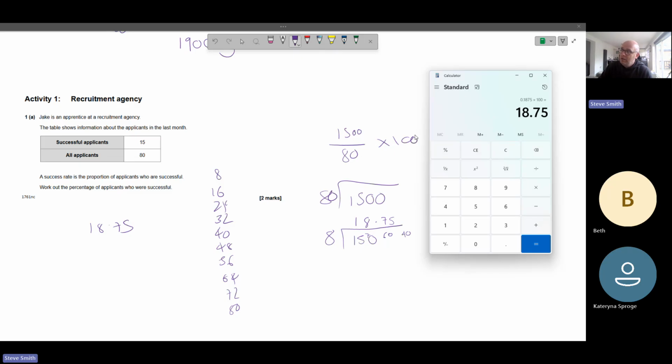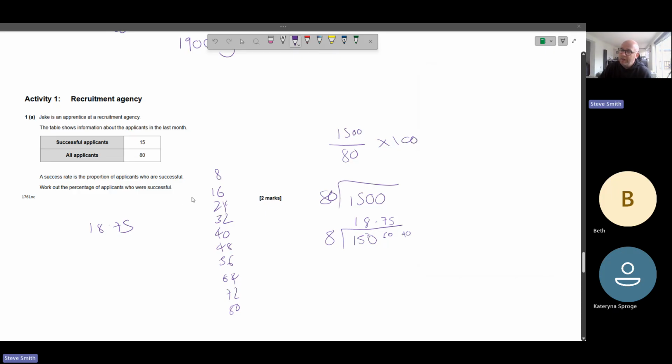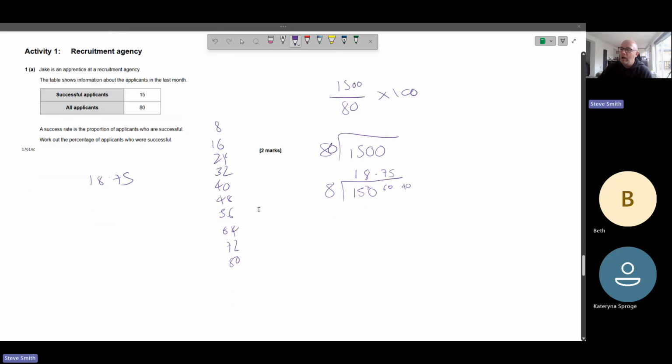Because we didn't have a calculator, instead of doing times 100 at the end, we stuck the extra zeros on our number that we were dividing. So we made our fraction, so to speak, top heavy, and made sure that we could divide our bottom number into it as a non-calc. And it's about getting used to those sort of questions. They're not that popular when it comes to the non-calc, but when they do happen, you're generally working with numbers like that you can shrink.